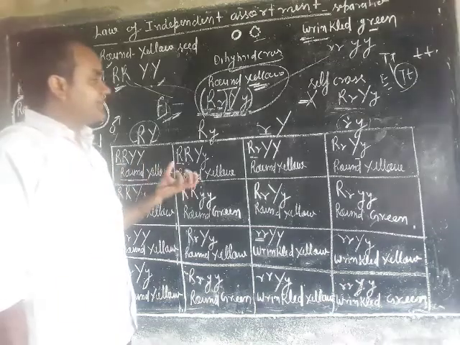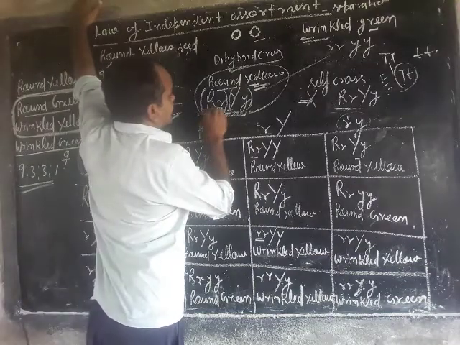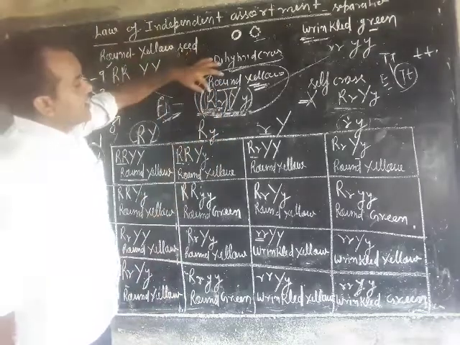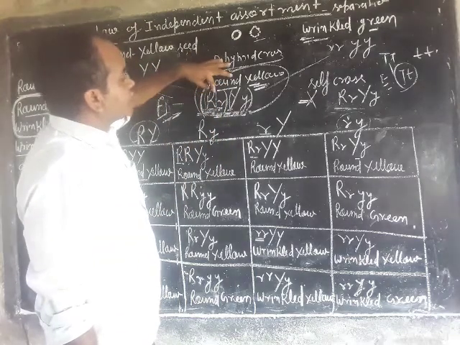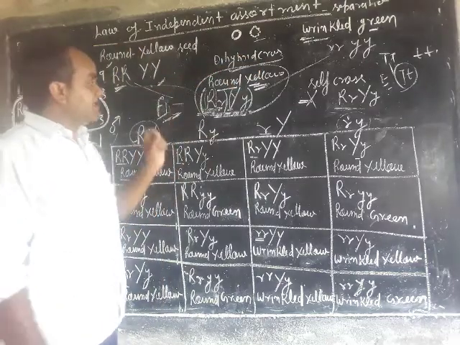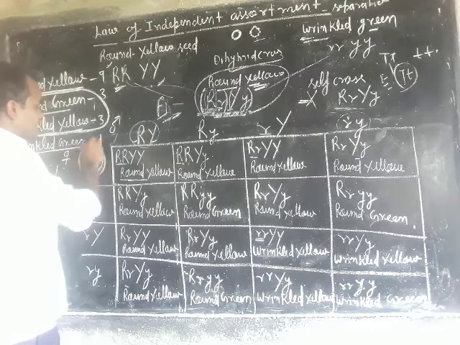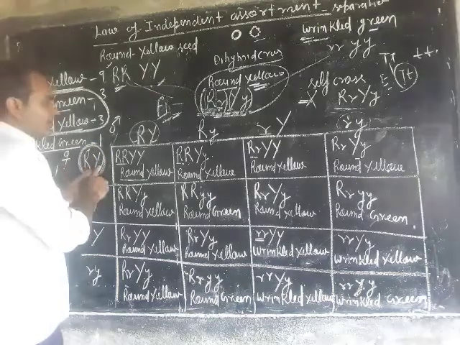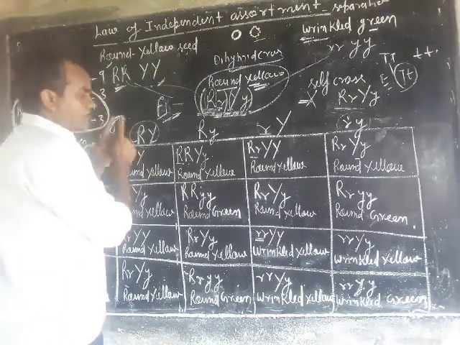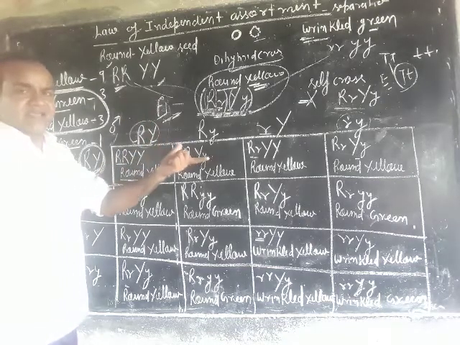Then what happens here? One gamete is freely joined with another gamete. Dominant gametes will fuse with another dominant gamete of the male plant.